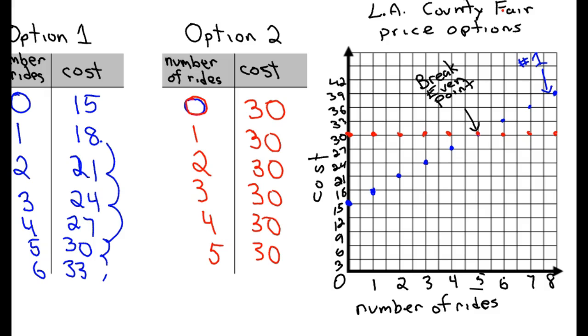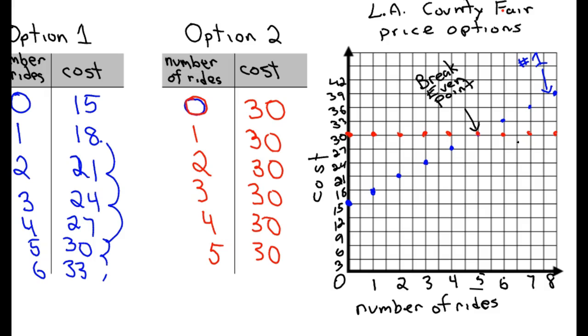When they need to buy things, they have all these different places they can buy it, and they compare them all, and they find out, well, we're a small company, we're only going to need a few, so this option is better for us. Or we're a big company, so maybe in the long run, option 2 is better for us.